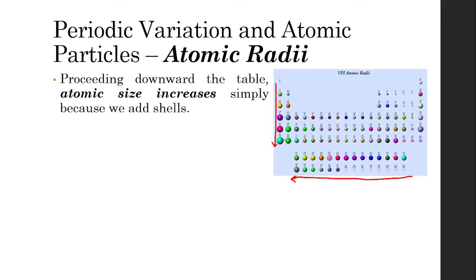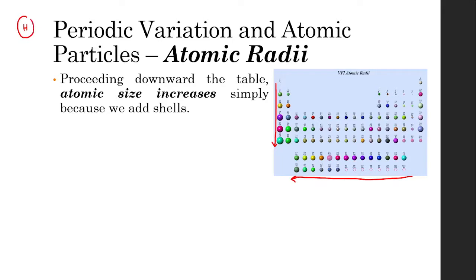That actually makes sense, because if we draw these atoms using the Bohr model, let's start with group 1A again. You have your hydrogen. Hydrogen only has one proton and one electron.